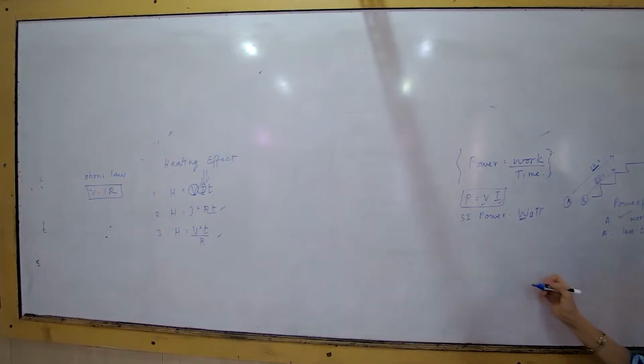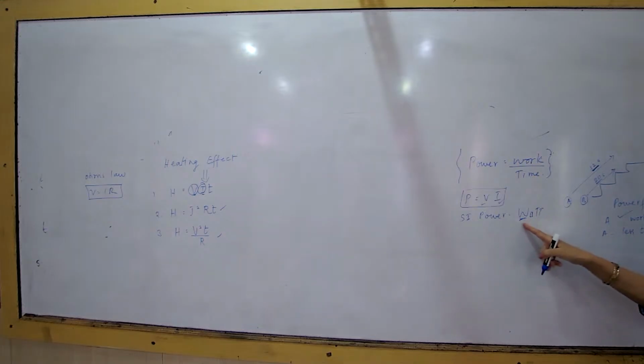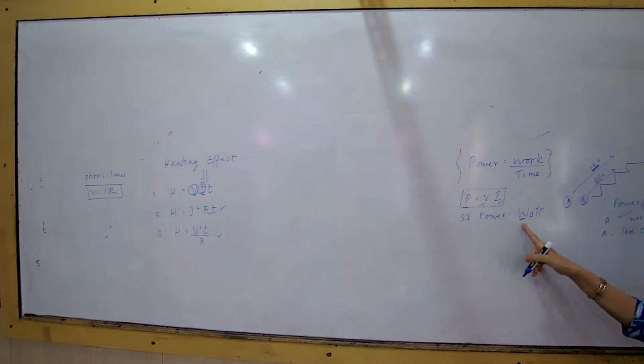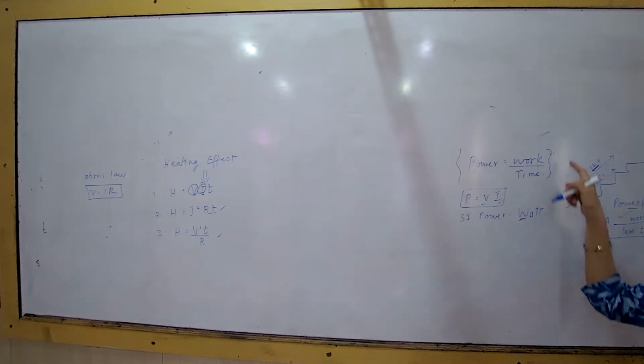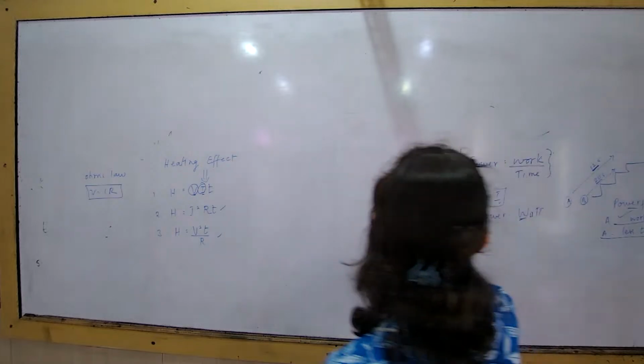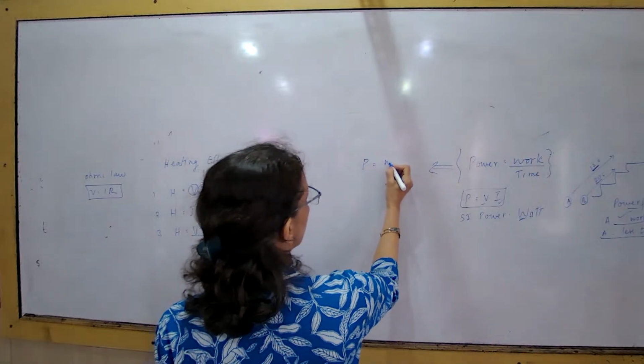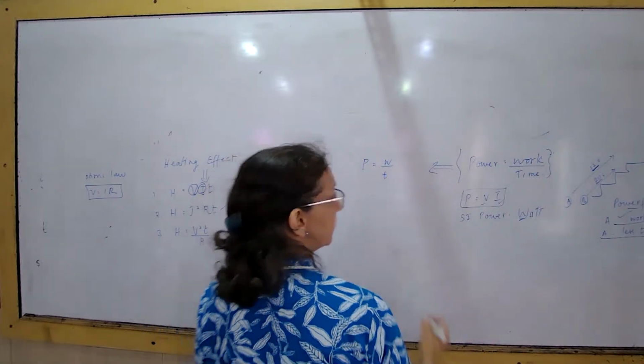Obviously, because it is in honor of the scientist James Watt, who found out that each of these appliances has a different power input. Now we are going to talk about this formula once again. We said power is nothing but the work done upon time.